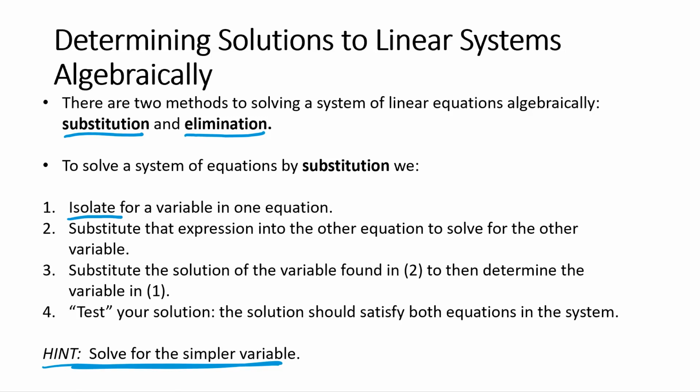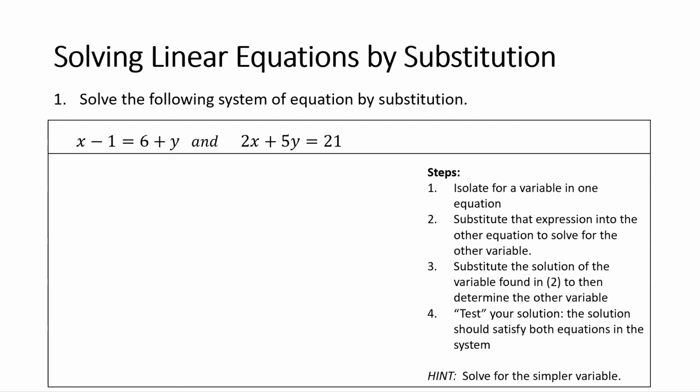Then we take that solution for the other variable and substitute it into the variable we isolated in step 1, and that way we can get both variables. Then we test our solution. It all sounds weird right now, but when we go through examples, I hope it gets clearer.